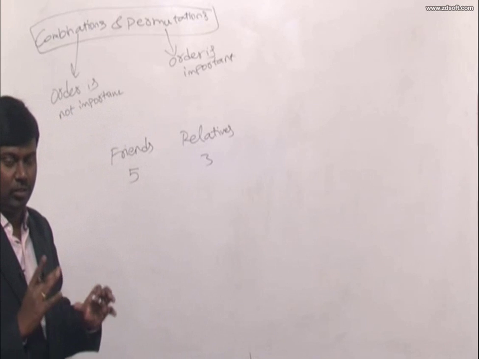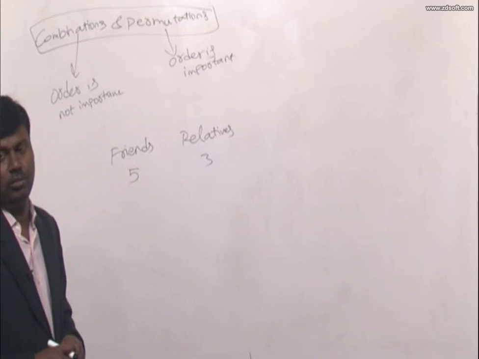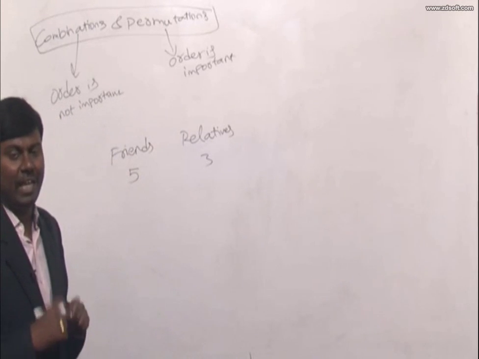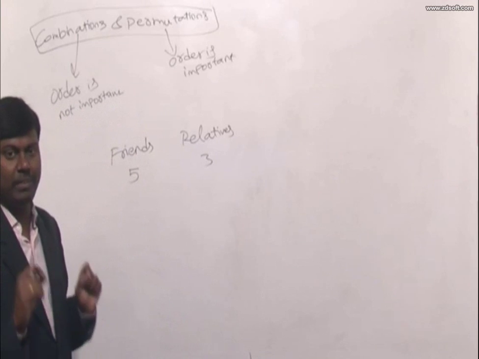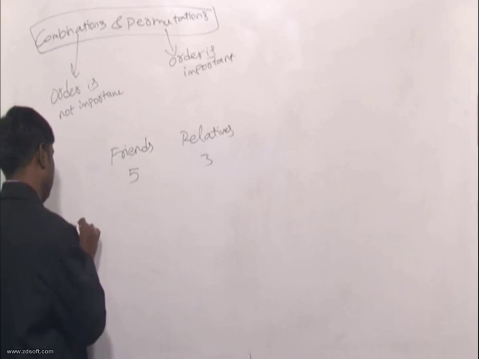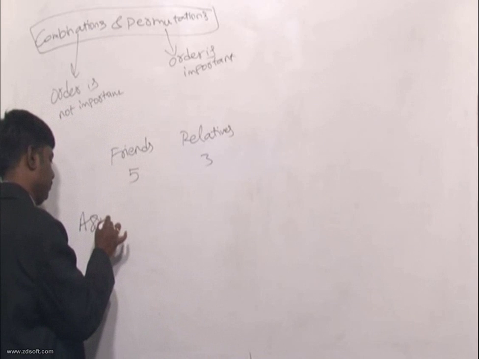Please understand, relatives who are as close as any of these friends. Why am I using this condition? Because everybody has got an equal chance for being selected. So what is the assumption?